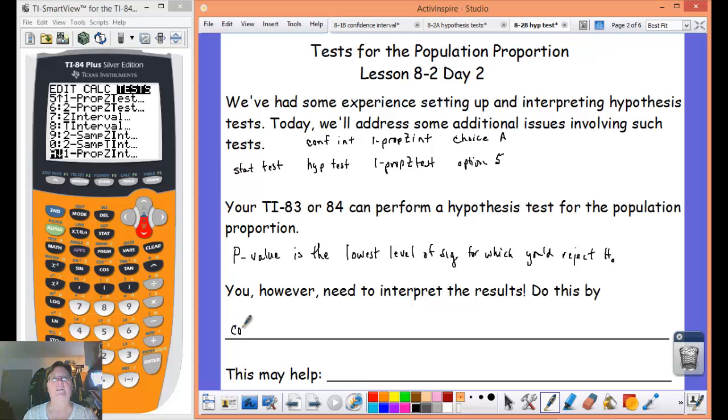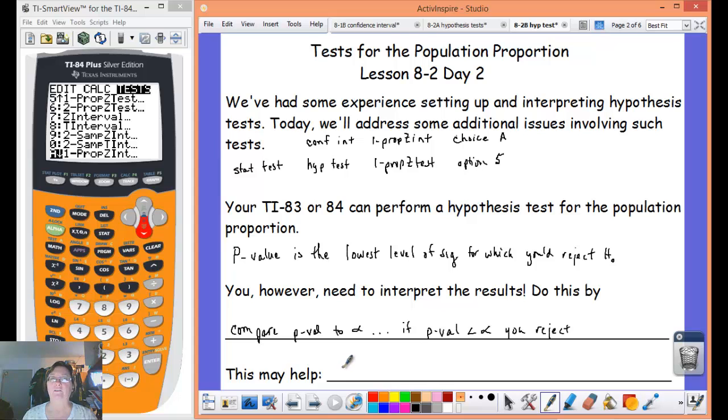Compare the p-value to alpha, and we did this in yesterday's notes. Compare the p-value to alpha. If the p-value is less than alpha, you reject. I heard this little rhyme, I think it's in your textbook. This always helps me to remember it though.